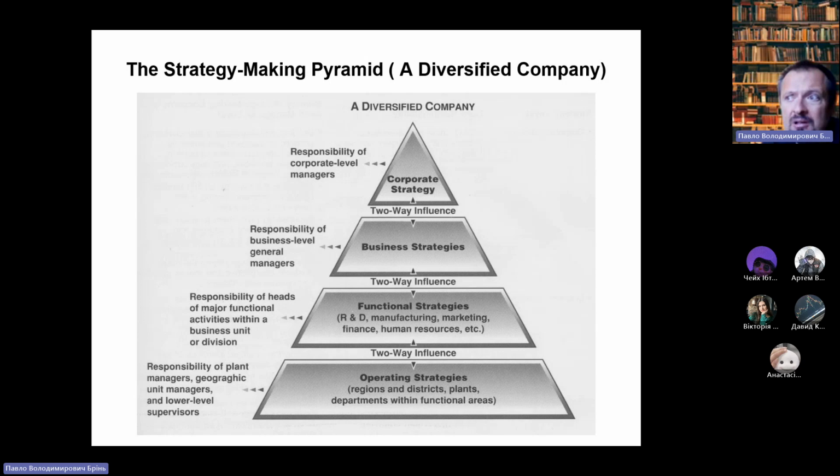For example, our university has, I told you, more than 100 departments, and every department has its own strategy. And our department of management also has its own strategy. So these are the strategies connected with some business. However, if a company is a diversified company, let's define what diversification is.